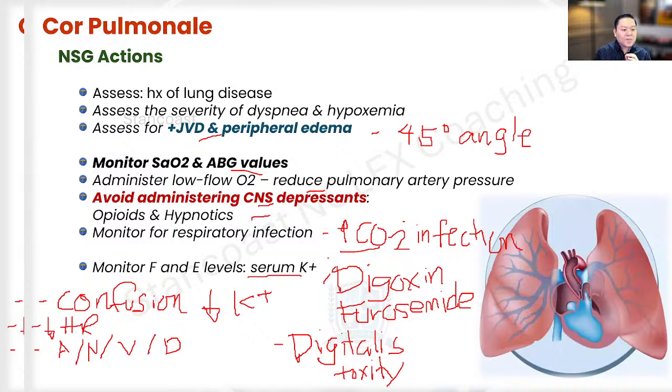Now, aside from the hypokalemia, digitalis toxicity can also occur if there is a low magnesium level. Let me just put that, Mg, or if there is elevation of the calcium. So let me just put it here. Digitalis toxicity.